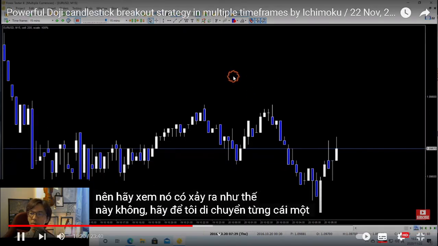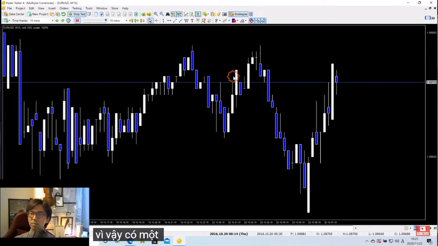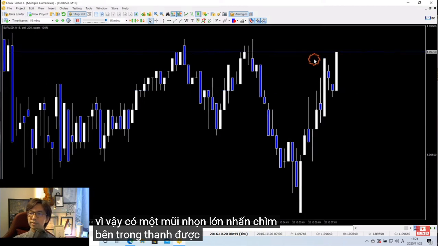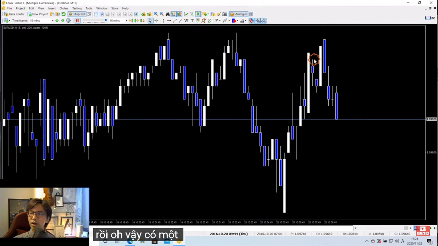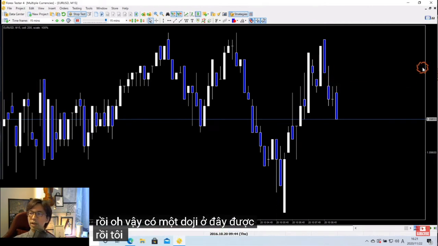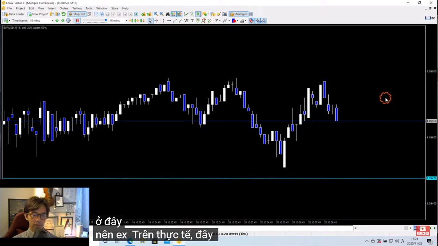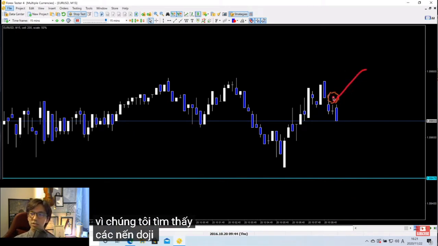Alright, so let me move one by one. Okay, so there's a big spike engulfing inside bar. Okay. Oh, so there is a doji here. Okay, I think I find the nice example here. So exactly this is a doji breakout because we find the doji candlestick right here.